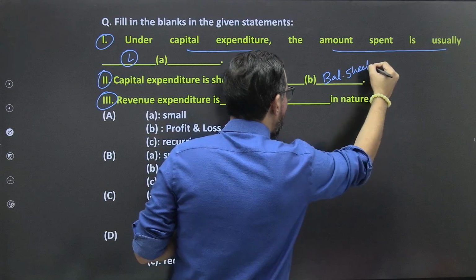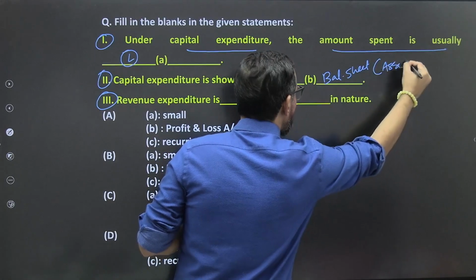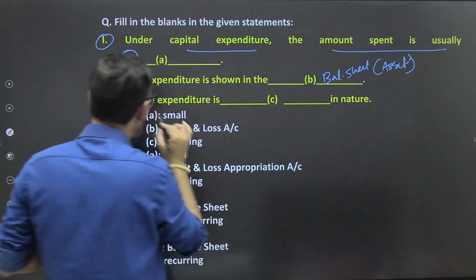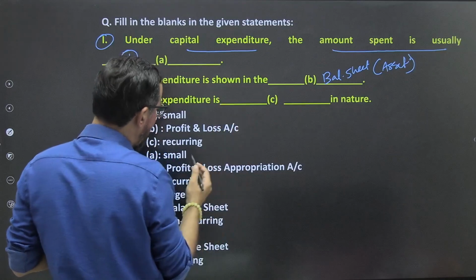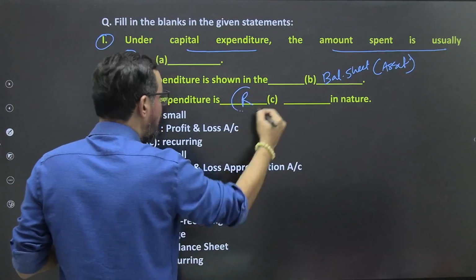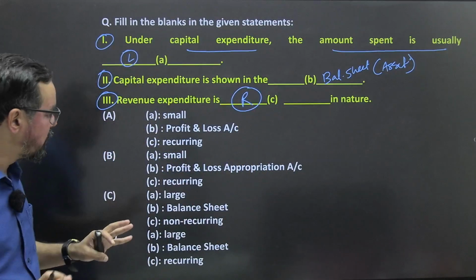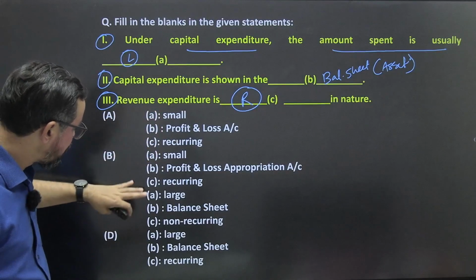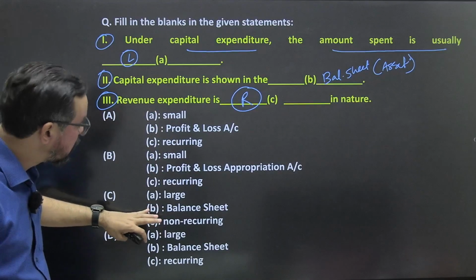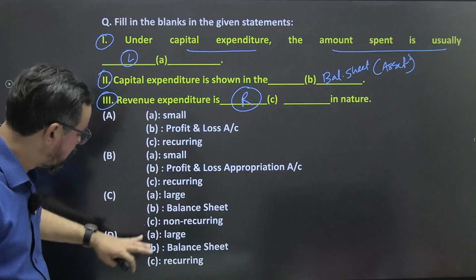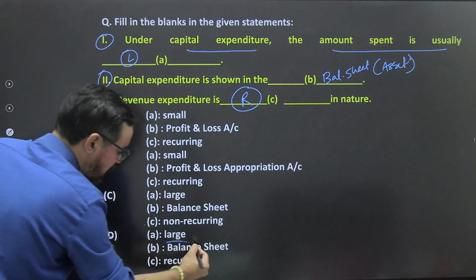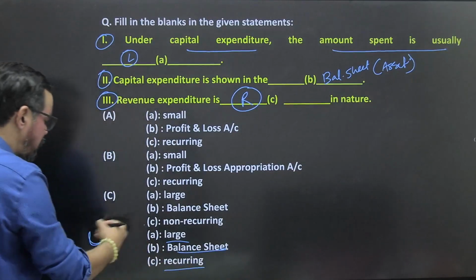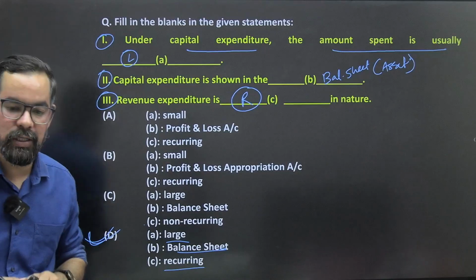Then the third one is revenue expenditure. They are recurring in nature, right? So large, balance sheet and recurring. Small, large, balance sheet, non-recurring, no. So option D, yes. Large, balance sheet and recurring. So D will be the right answer for this particular question.